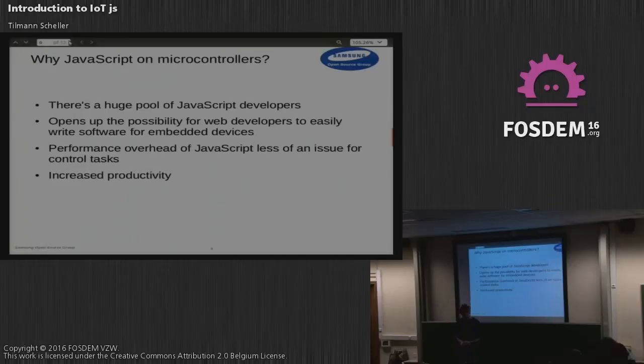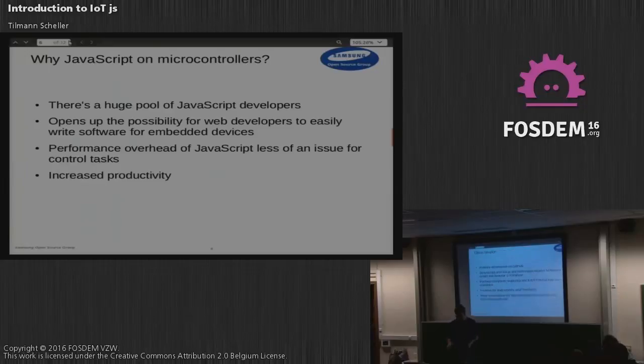And the other thing is, if you're targeting a really low-end microprocessor, then performance is usually not your main concern. It still matters, but there's room for a JavaScript engine there, and you can, to a certain extent, live with the overhead you get from using a JavaScript virtual machine. And another side effect is that hopefully you can develop software faster in JavaScript because it's a higher level language than, let's say, C, for example.